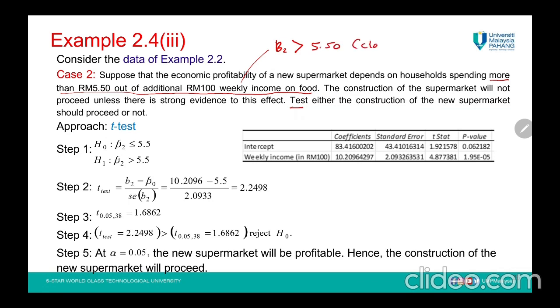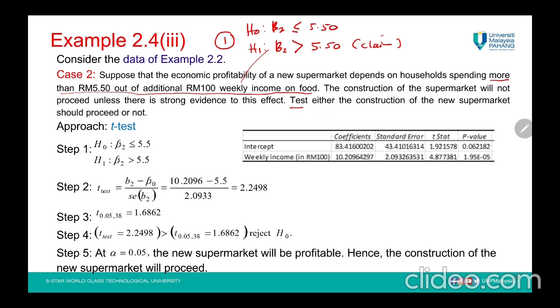This is the claim that the construction will proceed. Since the inequality used in this claim is greater than, the statement is under H1. Then we construct H0, where H0 is beta 2 less than or equal to 5.50. And this is the first step in hypothesis testing.